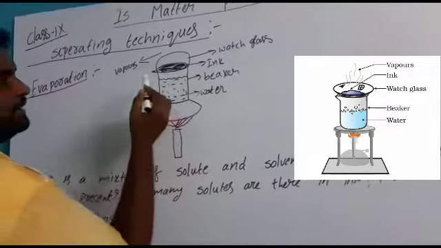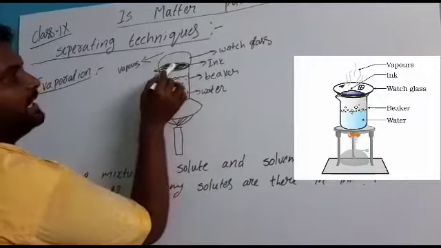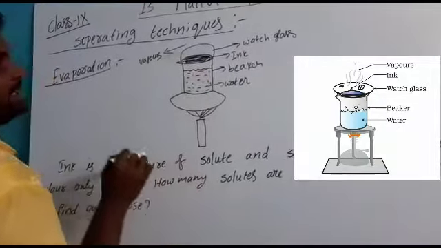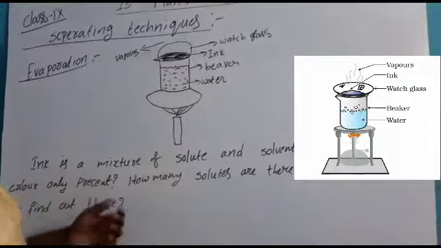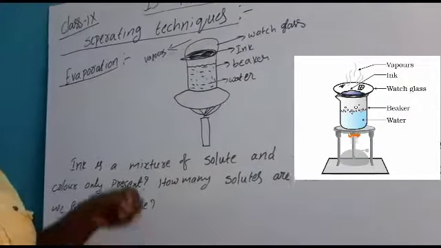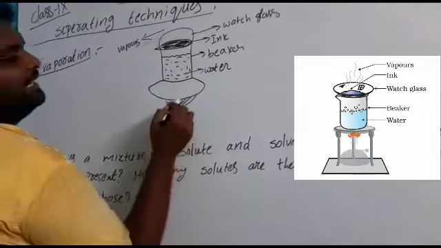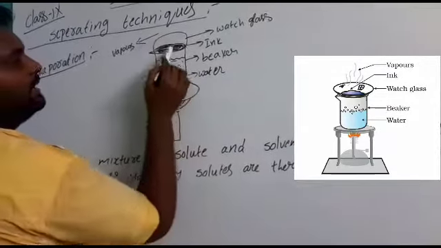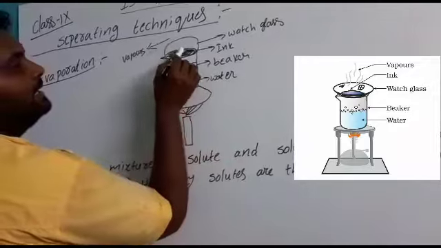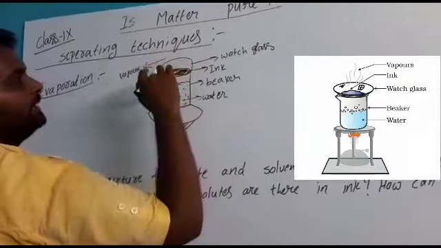When we heat this beaker, you will observe some changes. What are the changes you will observe? Actually, what is this watch glass containing? Ink. This ink contains a high amount of water and a small amount of ink, means the ink is mixed with water here. When we start heating this beaker, the water content in this ink will be evaporated.